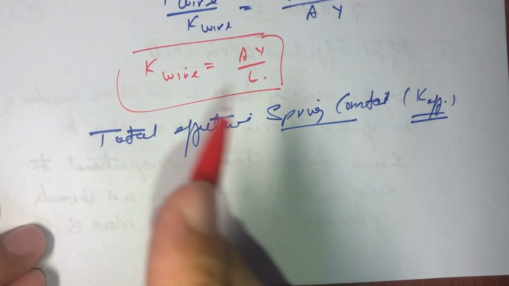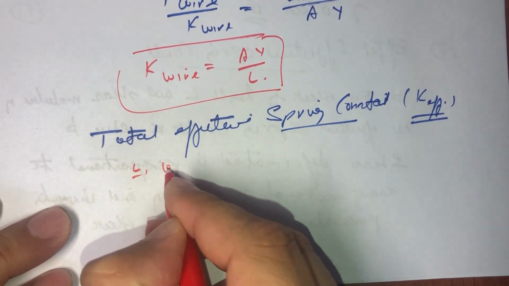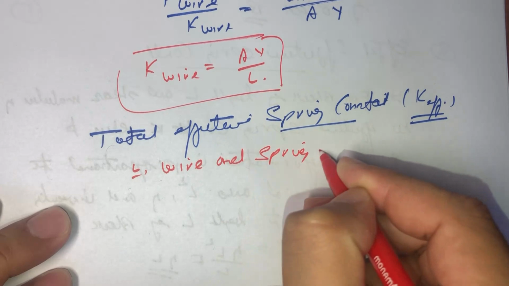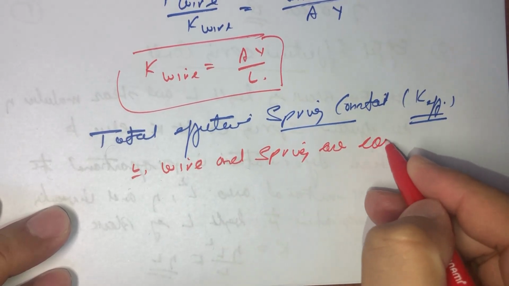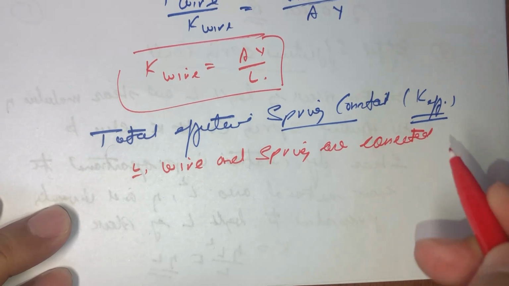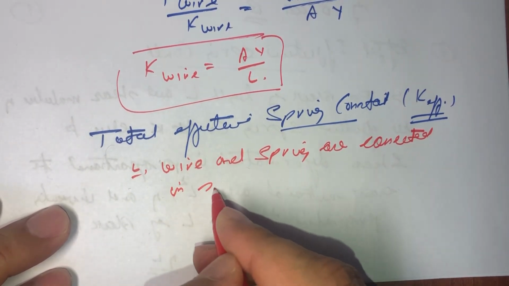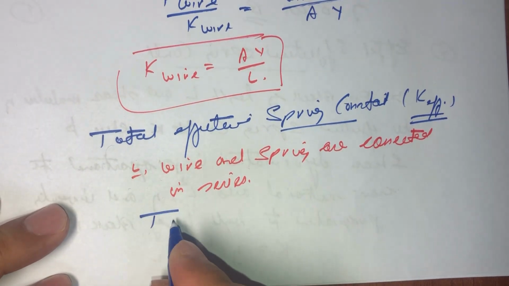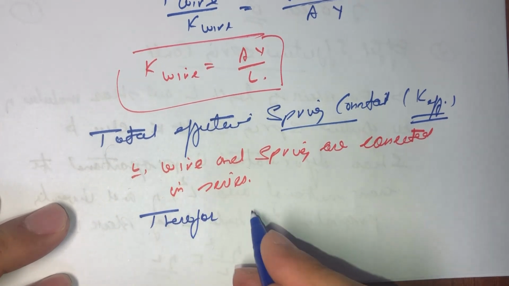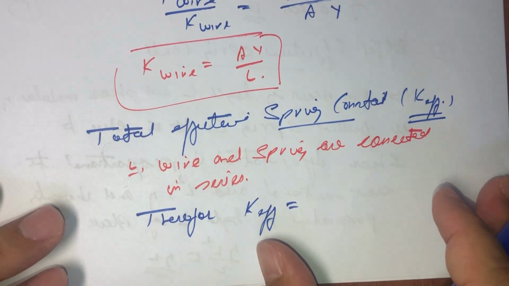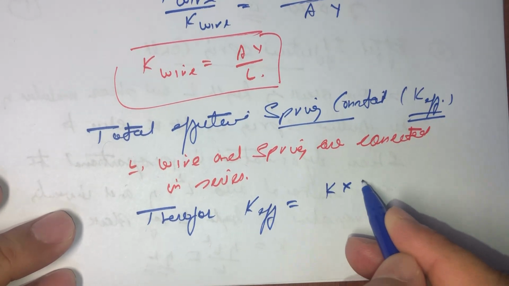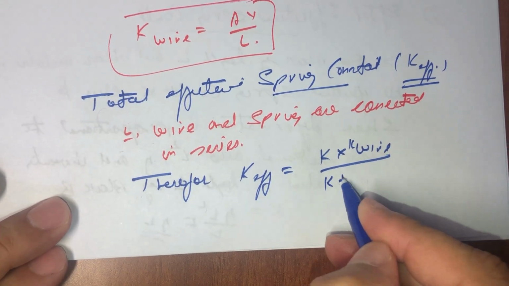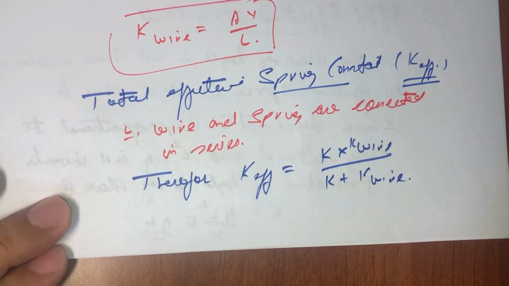We can say that wire and spring are connected in series, therefore K effective will be equal to K multiplied by K wire divided by K plus K wire.